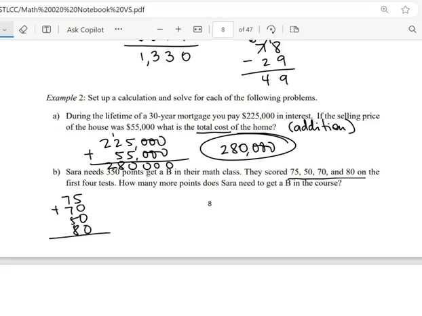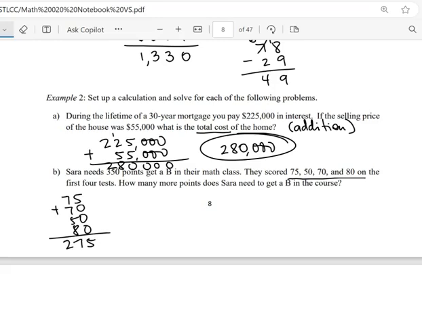So you have 5 and all the zeros. You got a 5. 7 plus 7 is 14. 14 plus 5 is a 19, and 19 plus 8 is 27. So she has 275 points.